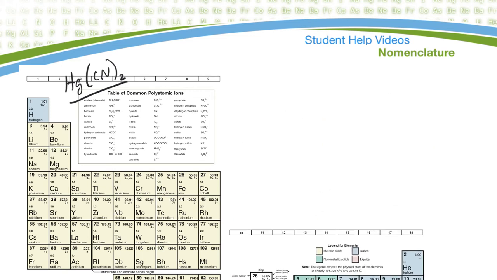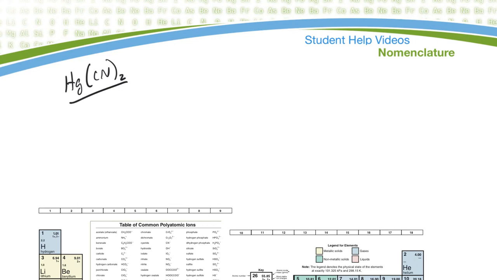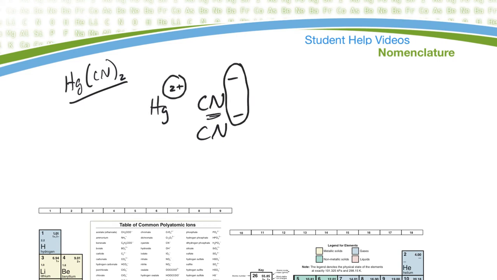So for this compound, it must be using the 2 plus ion because cyanide is a 1 minus. If cyanide is a 1 minus, then I need two of these in order to balance out the charges. I need to have a 2 plus here and a 2 minus there, so that's balanced out.